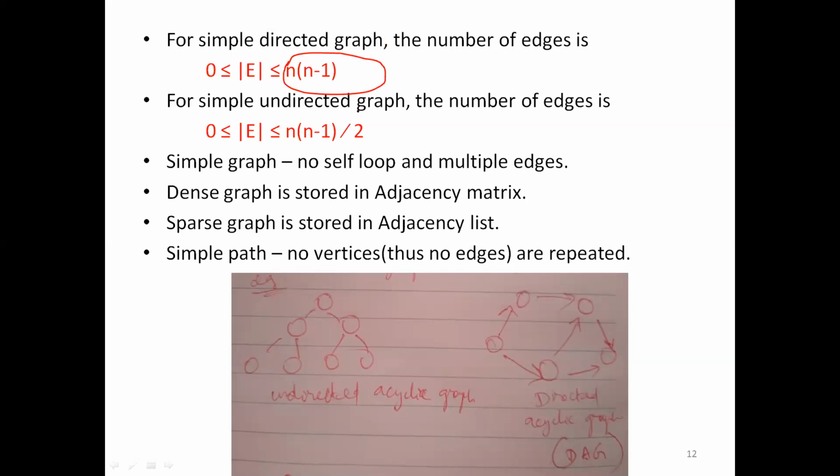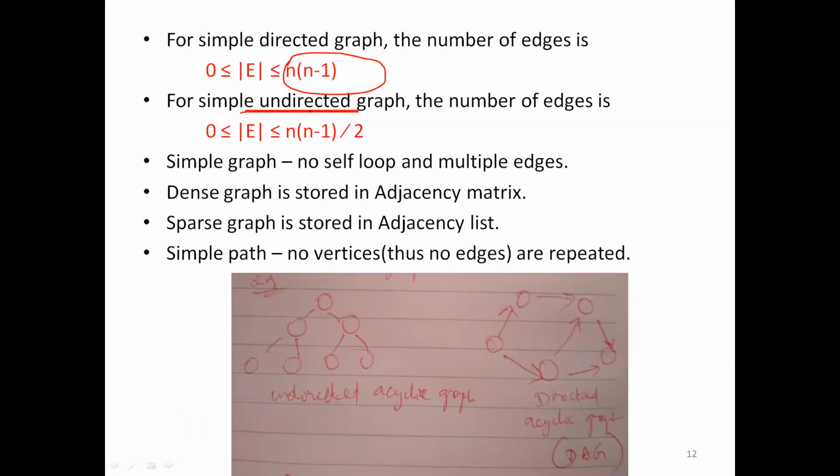But in case of an undirected graph, I can reach from A to B and B to A. That is the advantage of undirected: I don't have any direction on the edges. So obviously my edges will reduce, since there is no direction.